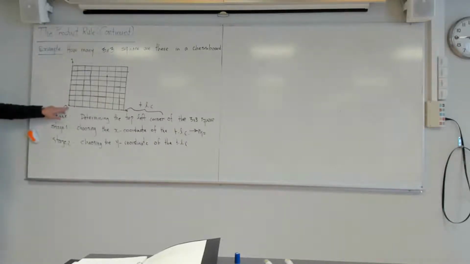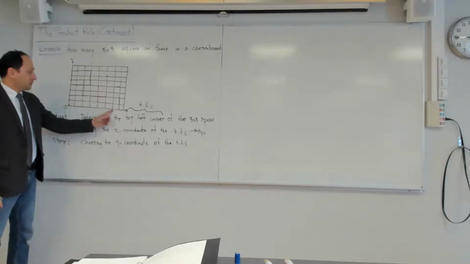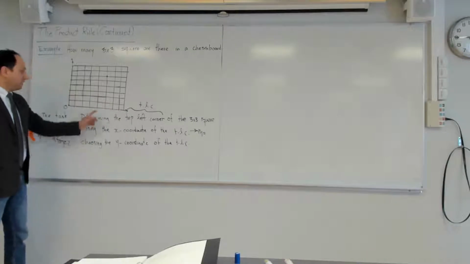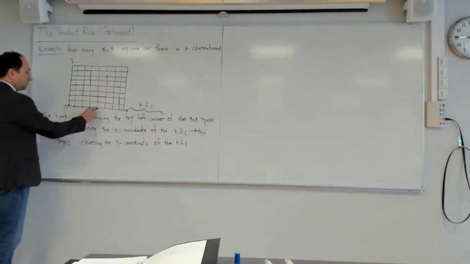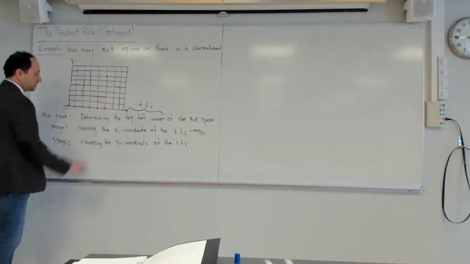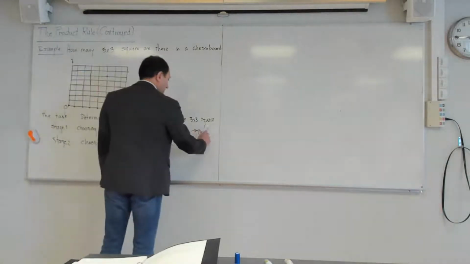But which one cannot be? The last two cannot be, but this can be, yes? So how many choices do I have? 1, 2, 3, 4, 5, 6. I have only 6 options available, yes? So this gives me 6.